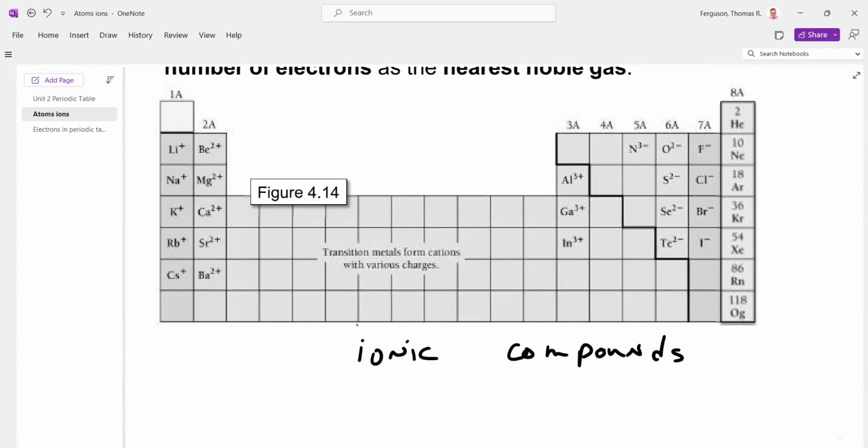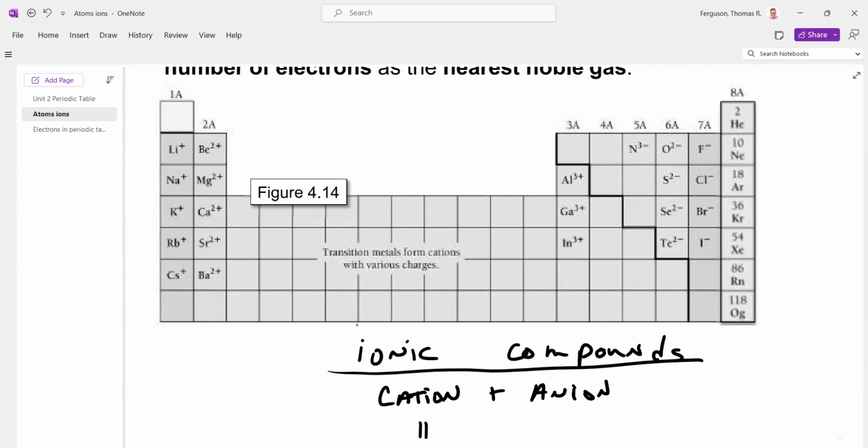This comes into play when we have ionic compounds. An ionic compound is made up of a cation plus an anion. When we get into naming, we're going to find that the charge has to balance. So the charge sum of the cations has to be equal to the charge sum of the negatives.